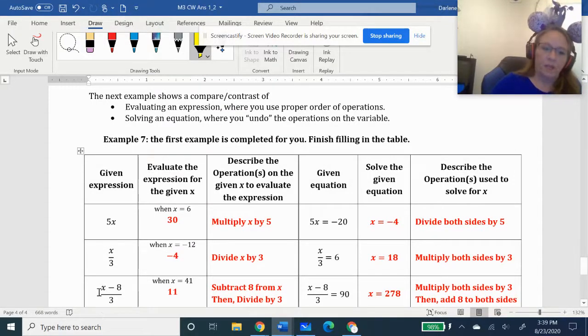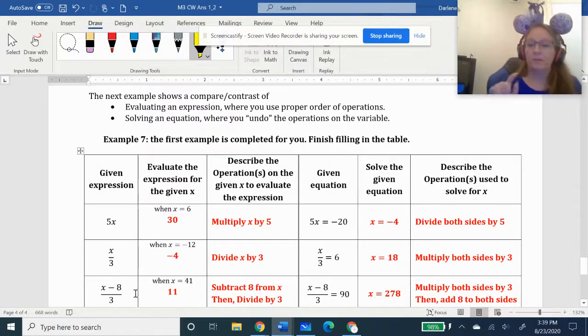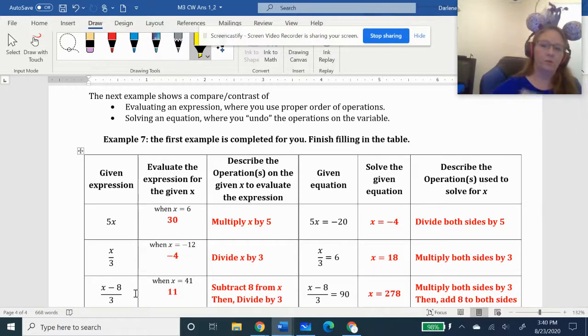So, x minus 8 divided by 3. This is now getting trickier because you are dealing with two operations and the order matters. If you are simply evaluating an expression by plugging a number in, you go through order of operations.